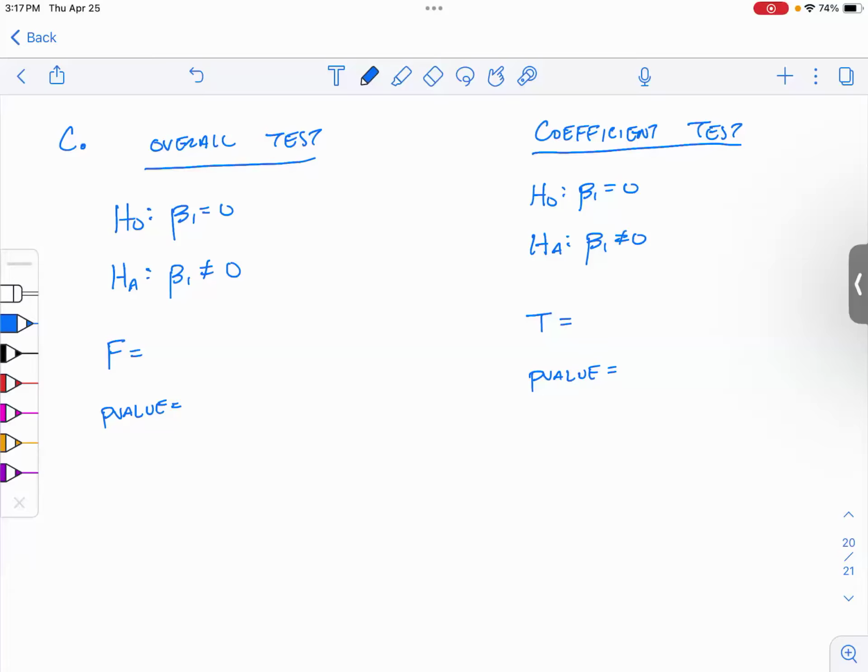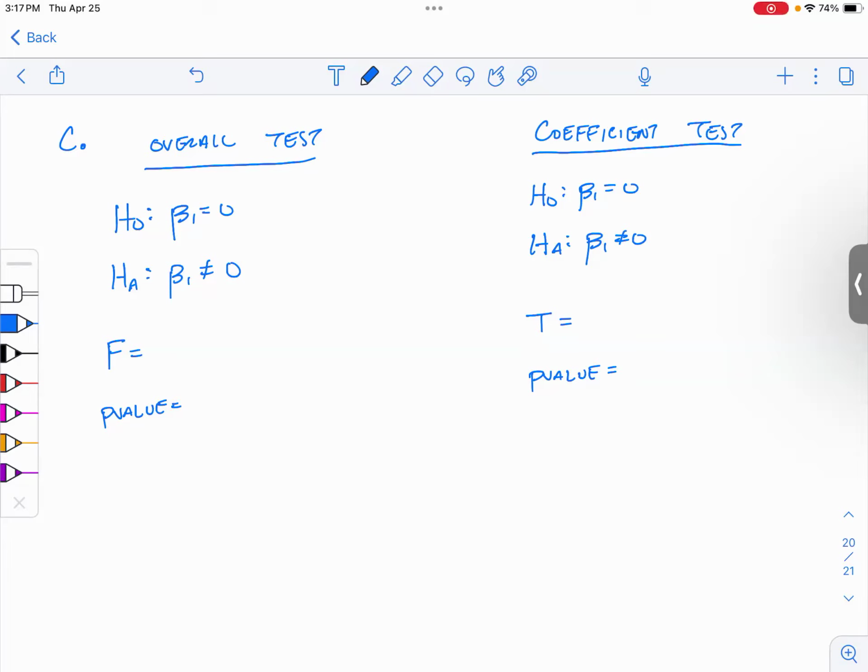And I'll tell you right now, these are redundant. That's what we talked about last time. They're the exact same hypotheses, the exact same p-value, and the conclusions are going to be the exact same. The difference between the overall test and the coefficient test is only the test statistic.